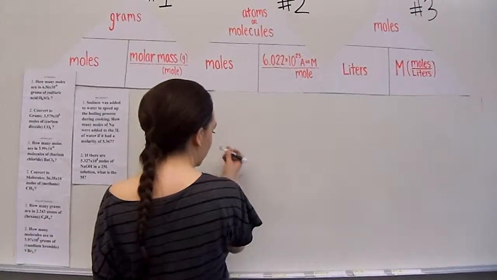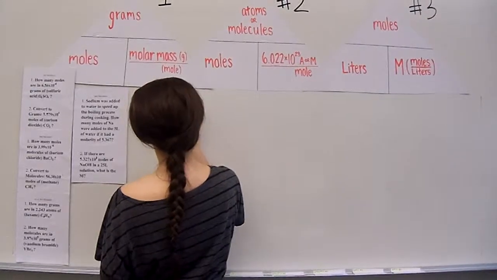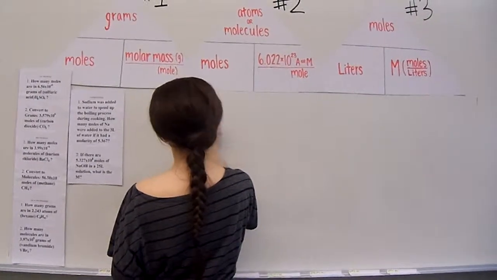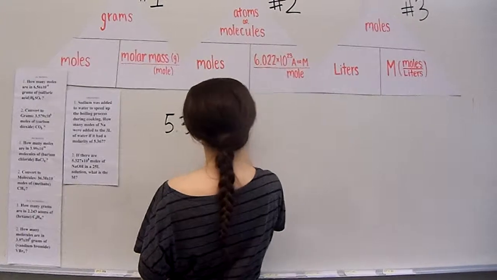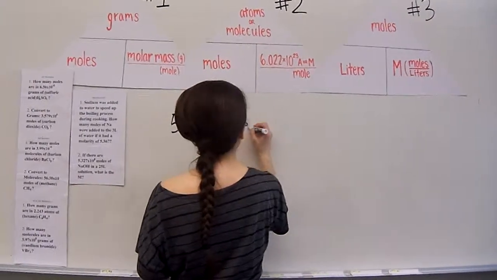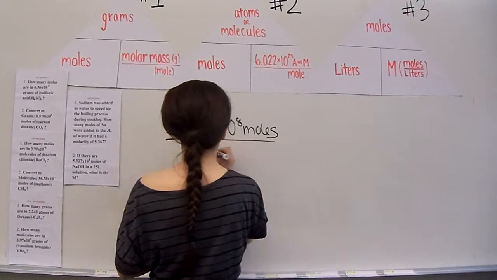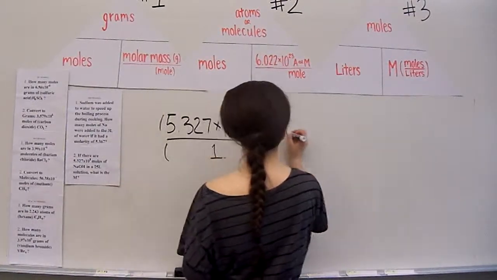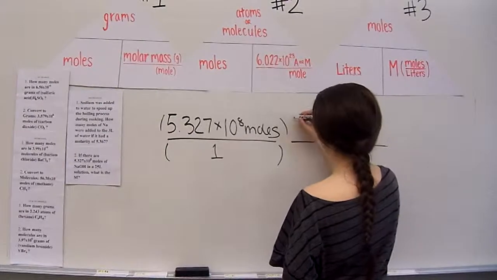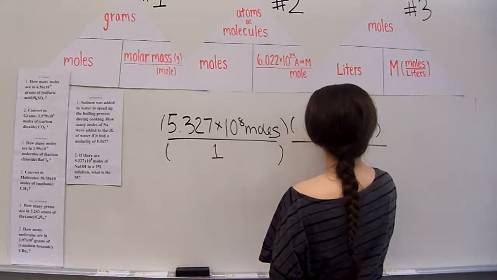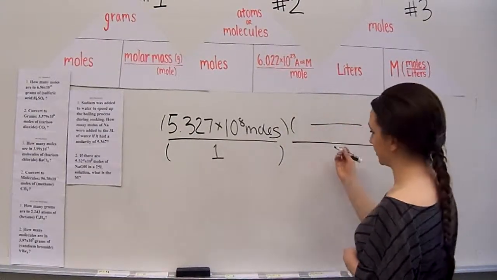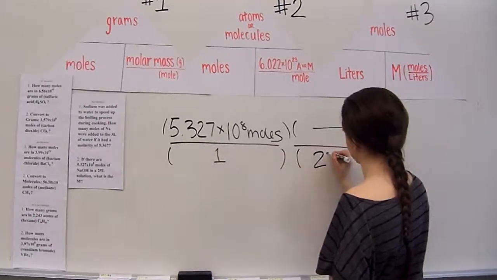So we are going to take 5.327 times 10 to the 8th moles and put that over 1, and divide it by our liters, which was 25 liters.